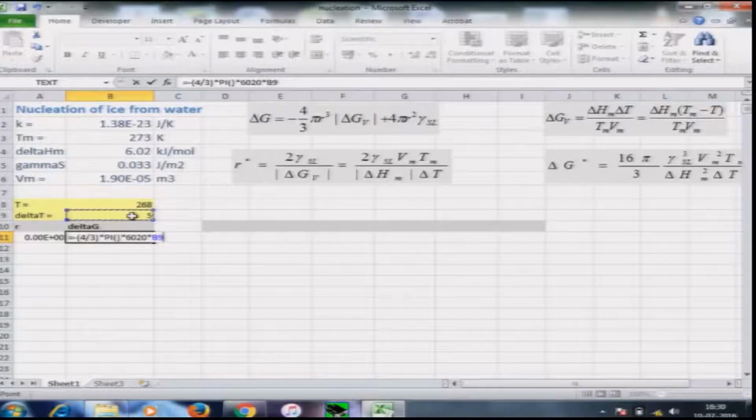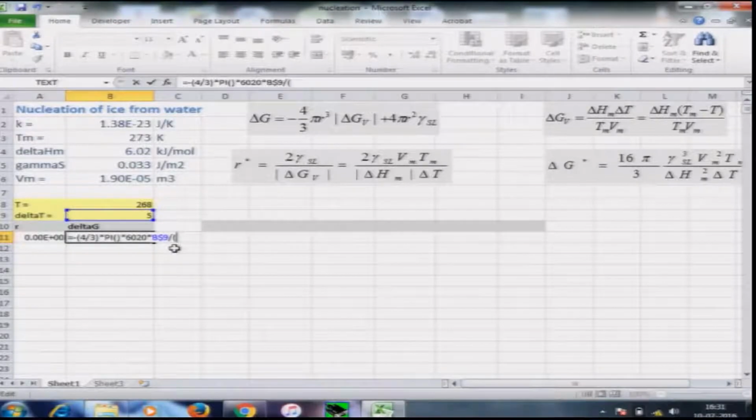I will put a dollar sign before 9, so that when I copy this formula, this reference will not change and will remain as the reference for delta T, divided by Tm.